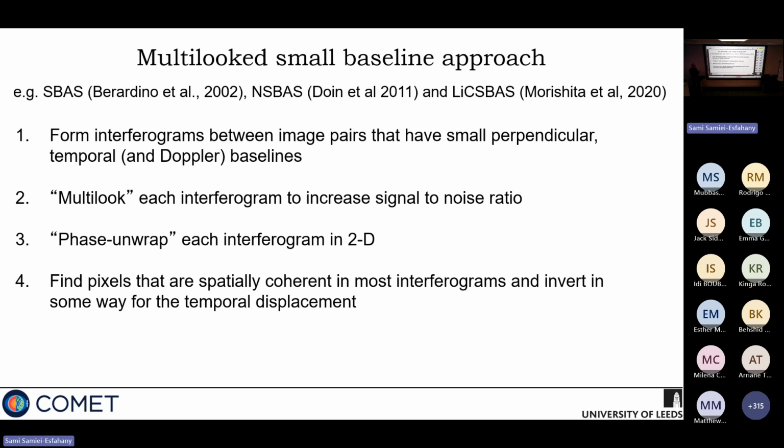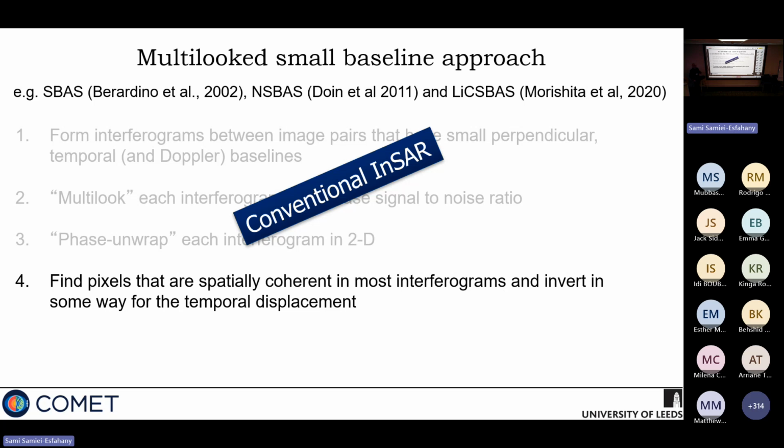Having done that, you have to invert in some way to get to your temporal displacement. So it's really just conventional InSAR, right? You've got to select which interferograms you make, but typically you're always going to make interferograms that maximize coherence. And then there's this extra step at the end, which is just to find coherent pixels throughout your time series and do an inversion.